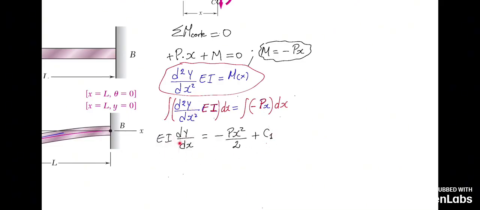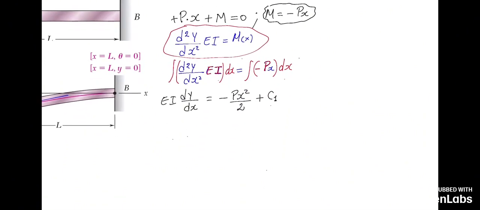And there is the integration. Remember, this is an indefinite integral. So since it is indefinite, I must add the constant to the process of integration. The integral of minus P comes out of the integral. The integral of x to the 1 is x squared over 2, plus the integration constant because it is an indefinite integral, indefinite for not having boundaries.